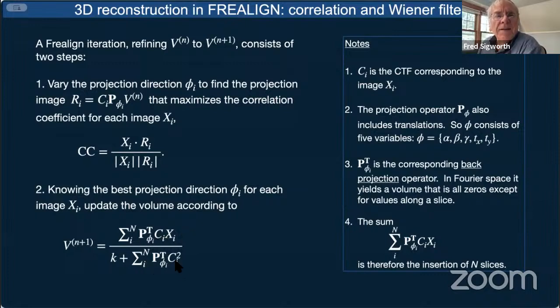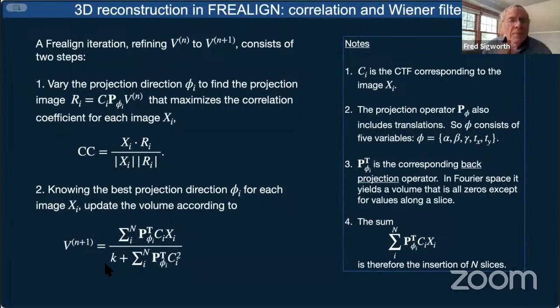In the denominator, we have again the CTF squared term, except that in this case, we take the CTF and insert it as a slice in a volume so that we have two volumes that will be normalized. And we have a Wiener constant sitting out here.